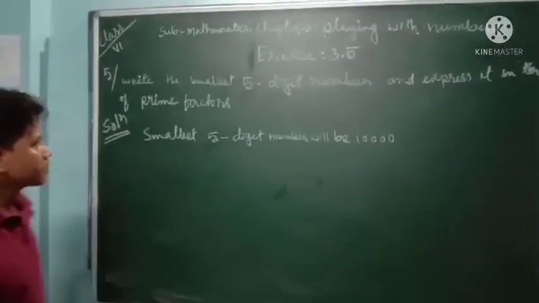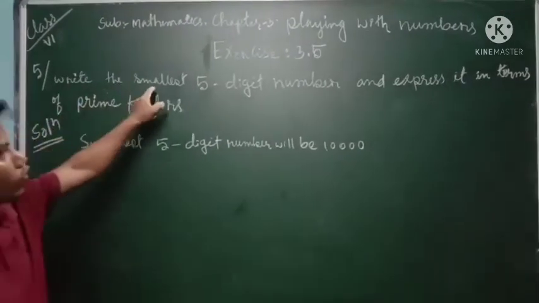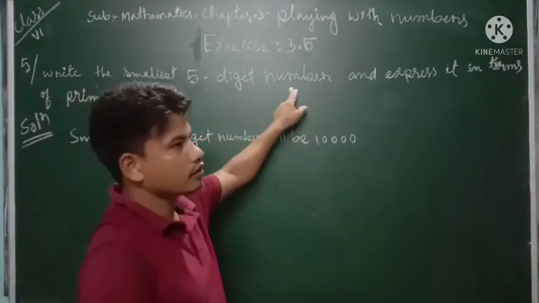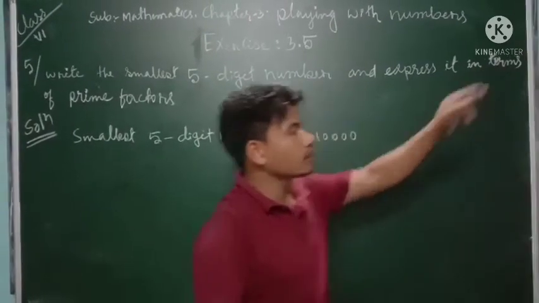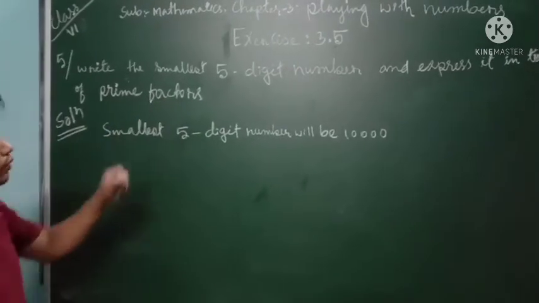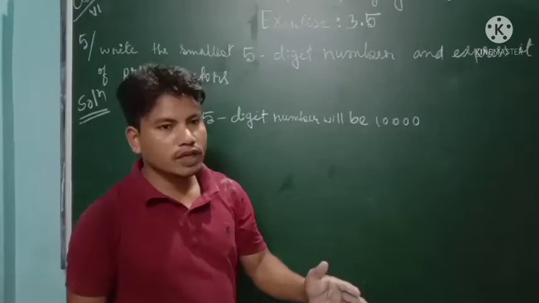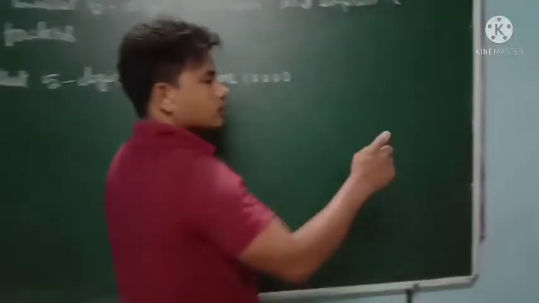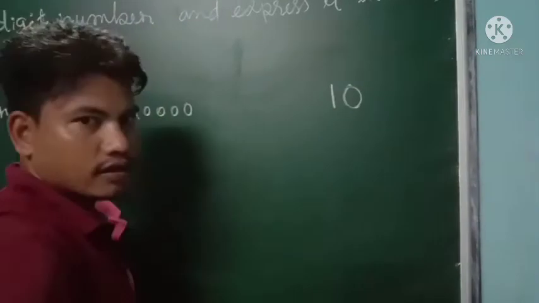So students, now next question number 5. Write the smallest 5-digit number and express it in terms of prime factors. That means what? Smallest 5-digit number. Suppose smallest 2-digit number, you have to write 10.